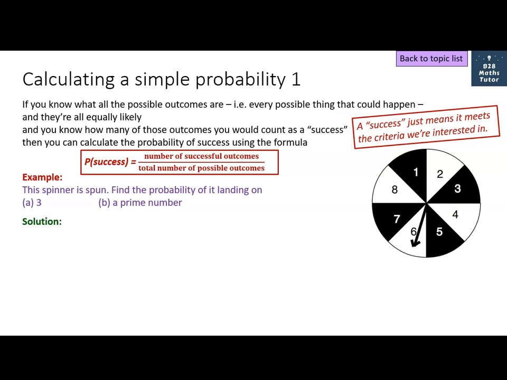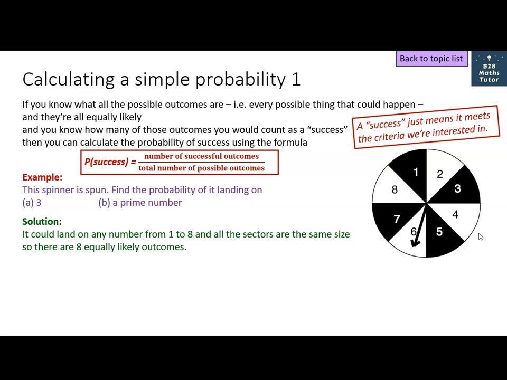The solution then. It's got 8 equally spaced sectors, so it could land on any number from 1 to 8, and all the sectors are the same size, so there are 8 equally likely outcomes, 1, 2, 3, 4, 5, 6, 7, or 8. There's only one of those outcomes that will give you a 3.